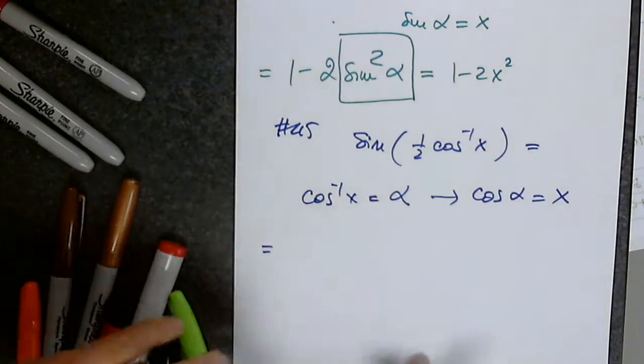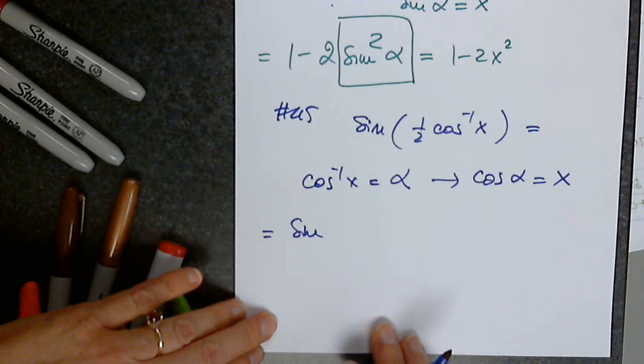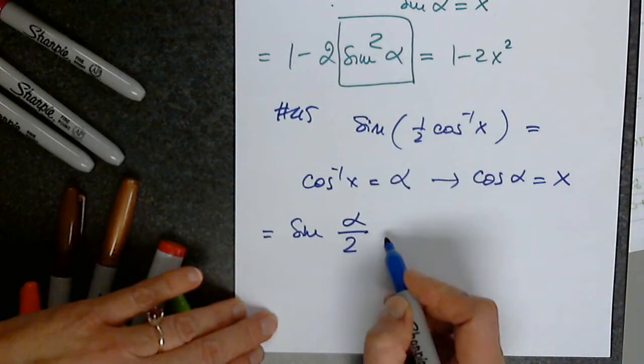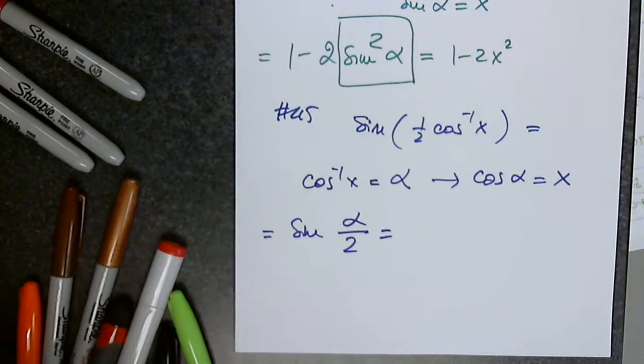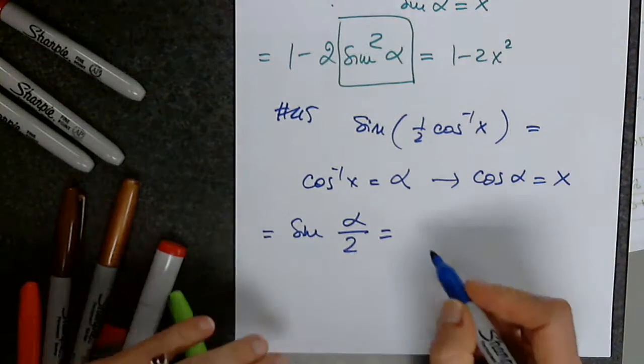What am I asked to find? I'm asked to find sine of what? 1/2 alpha. Excellent. Okay, I have to dig deep. Since I'm not given information where alpha is, plus or minus. Exactly. Excellent.